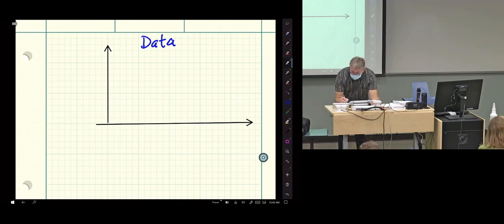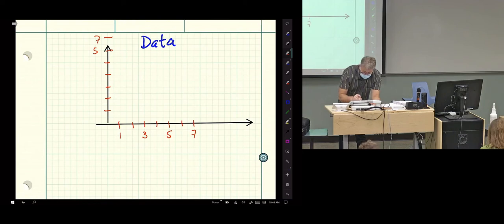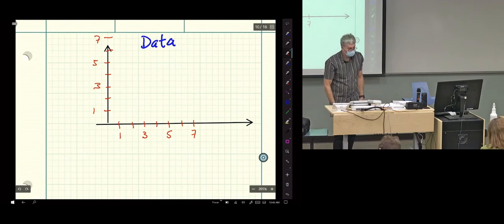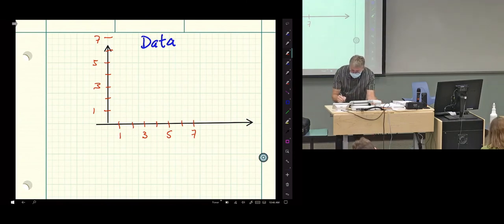Okay, so here's my data. And this time I need to go out to 7. My first data point is at 1, 2.